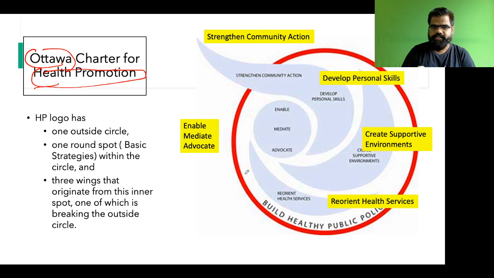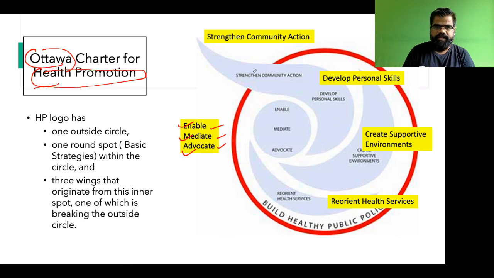Now, if you see the symbol, students, this red one has an outside circle. You have a round spot inside. This round spot basically talks about the strategies: enable, mediate, advocate. Then you have three wings.